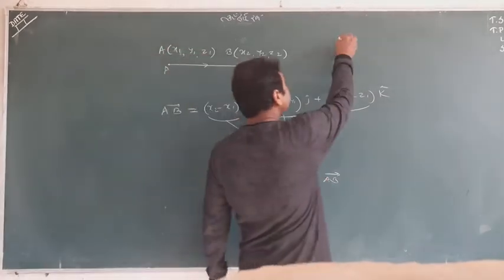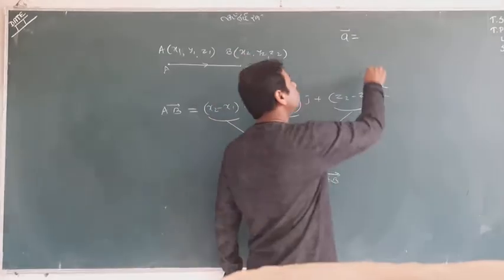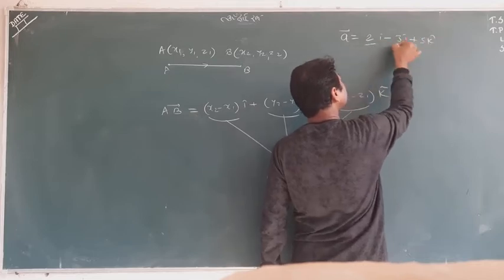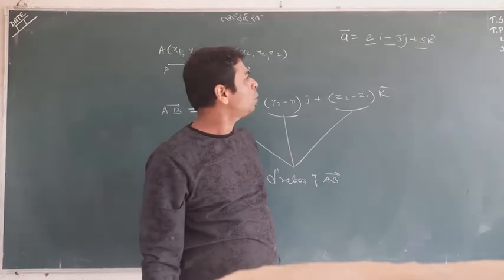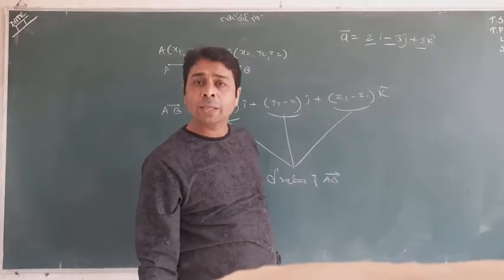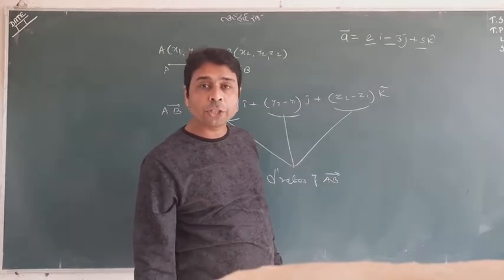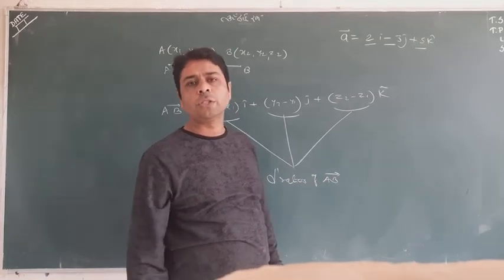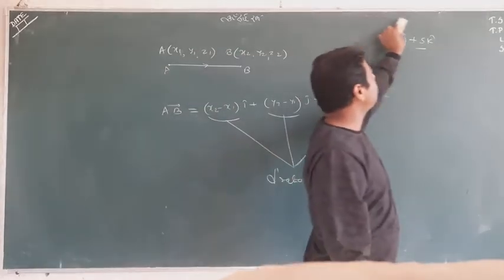If I write any random vector A = 2i - 3j + 5k and ask for its direction ratios, you would instantly say 2, -3 and 5, because they are the coefficients of i, j, k. Coefficients of i, j, k are always the direction ratios of any general vector. Keep that in mind.